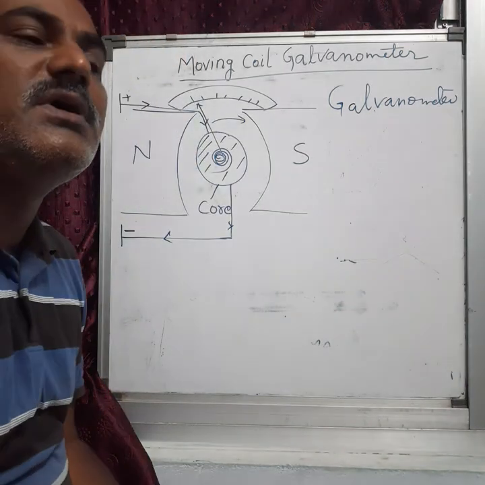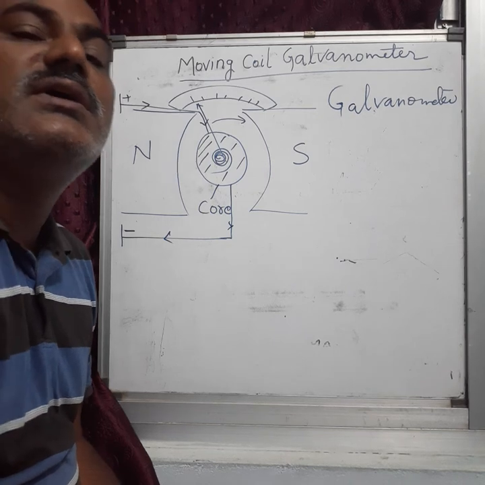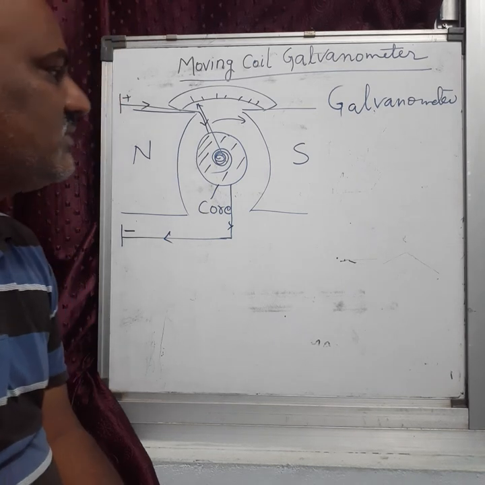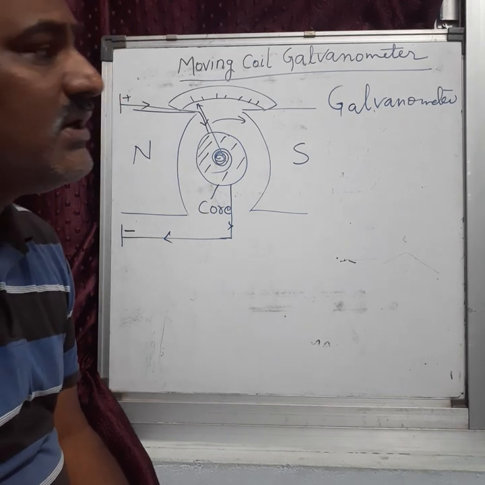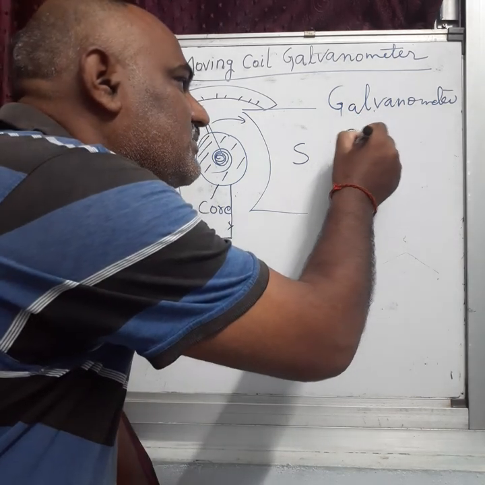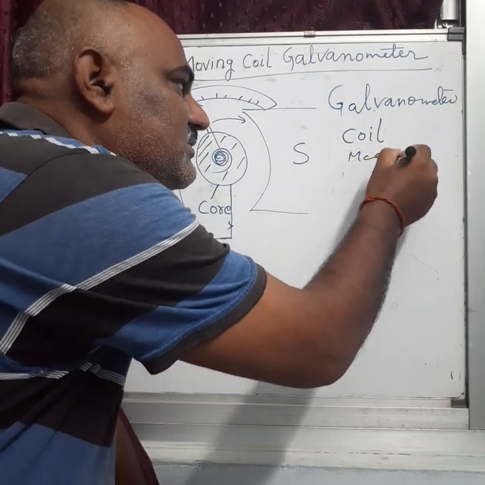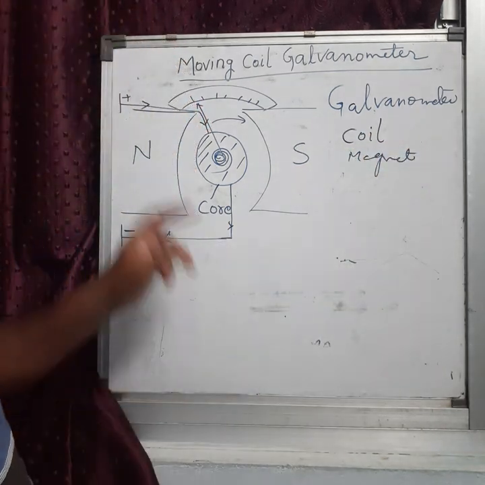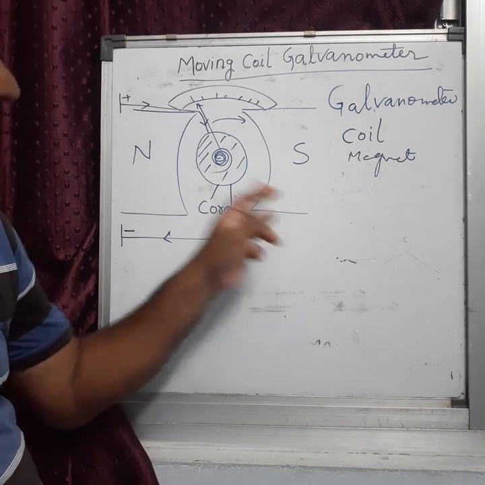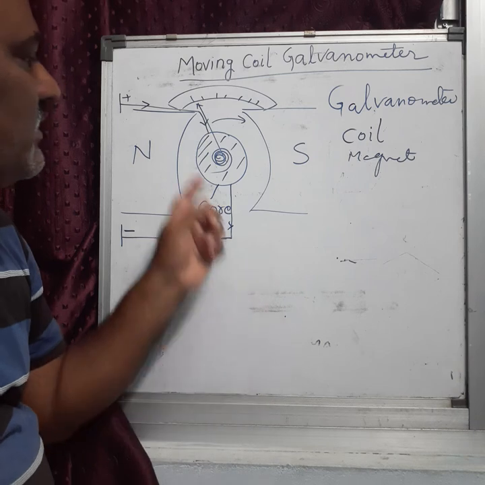The same principle is used in the galvanometer. The galvanometer mainly has two parts. One is a coil and the other is a magnet. In the device, NS is the magnet, and another is the coil.